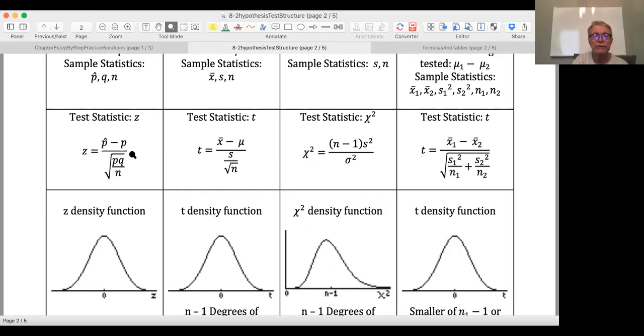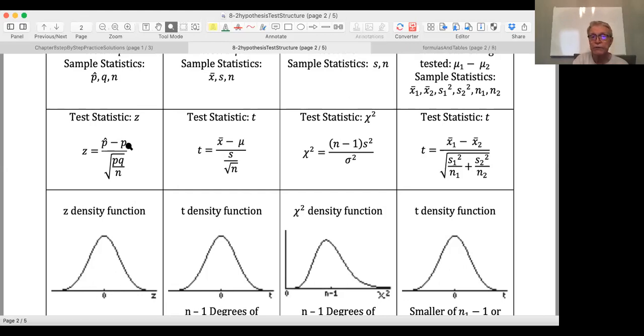So going back to the relationship between the sample statistic and the parameter, if the assumed value of p is true, then p hat is going to be close to p, and this is going to be small. So we should get values of z close to 0.